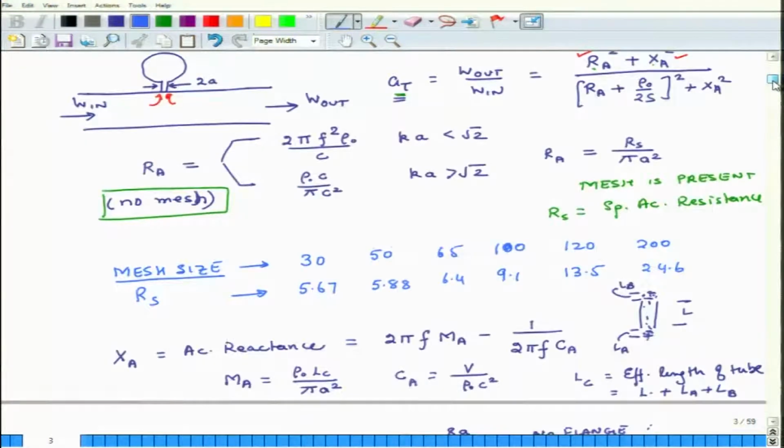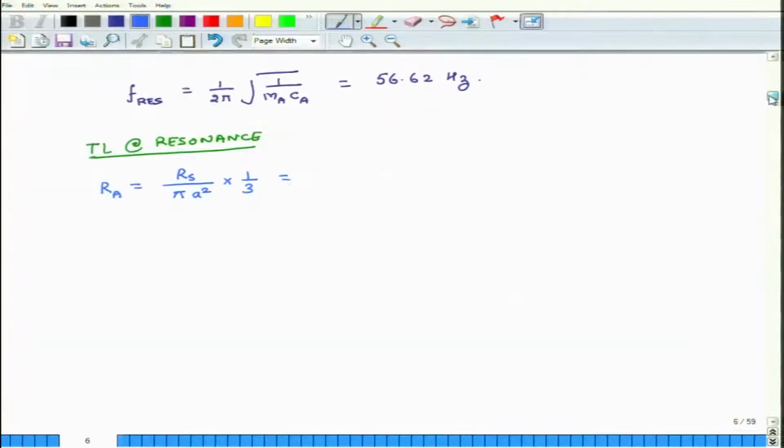So, we go back to the table and we see that for 100 wires the value of Rs is 9.1. So, this is 9.1 divided by pi, a is 12 millimeters, into 1 by 3. If you do all the mathematics, this works out to be 6705 Pascal seconds per cubic meters.